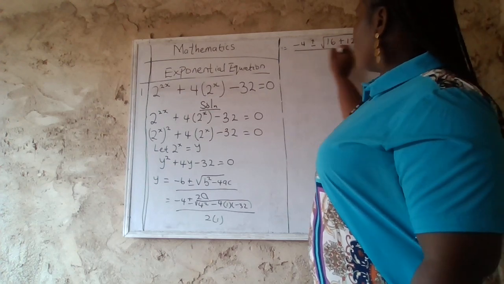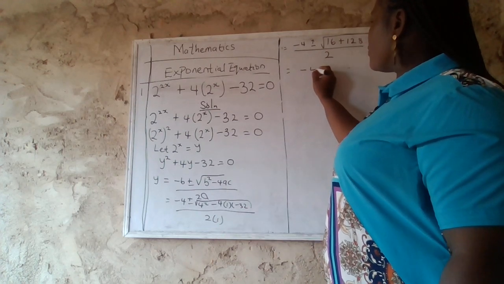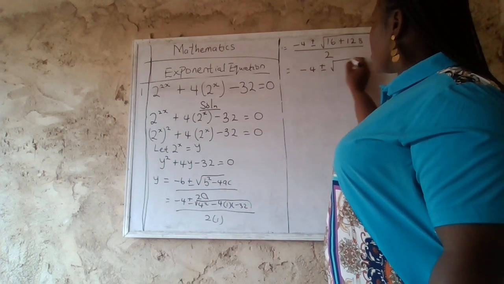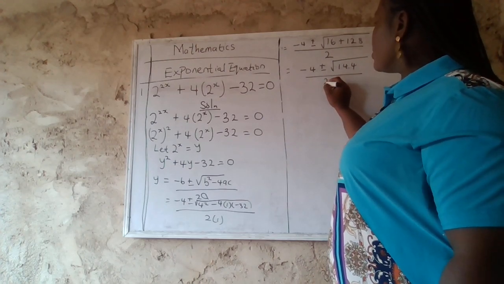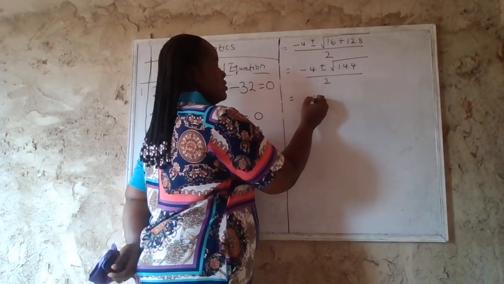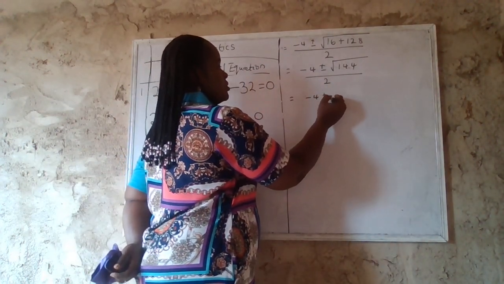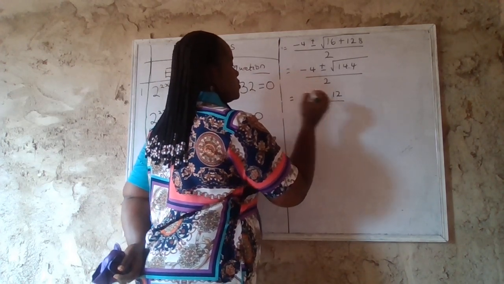So that's all over 2 times 1. So that we have minus 4 plus or minus the square root of 144, all over 2. Now, that will give us minus 4 plus or minus 12 over 2.